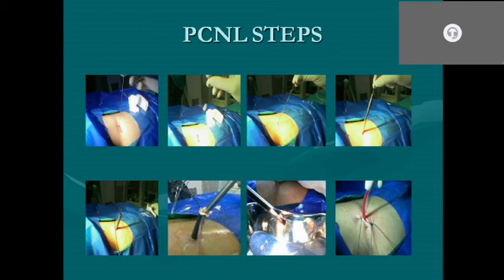The most important thing to remember is, on the back of the patient around the 12th rib, first you pass a ureteric catheter and fill contrast into the system, and in the fluoro C-arm you see the kidney and you puncture it with a needle.